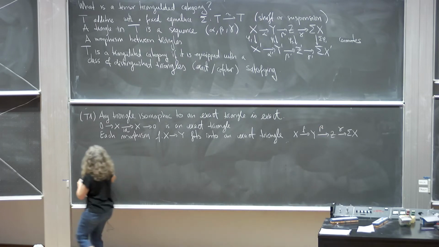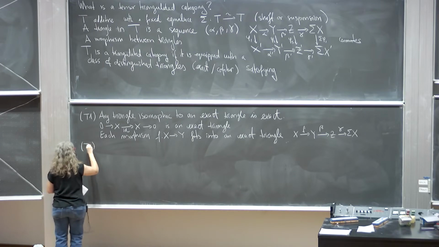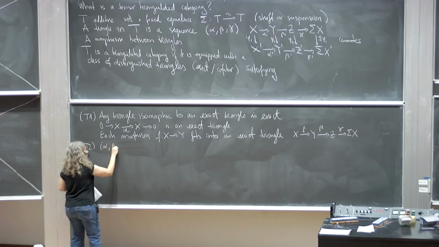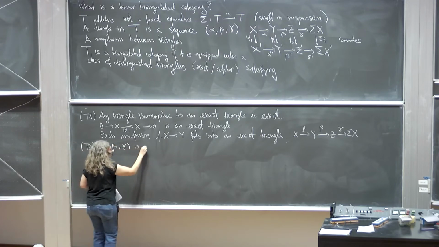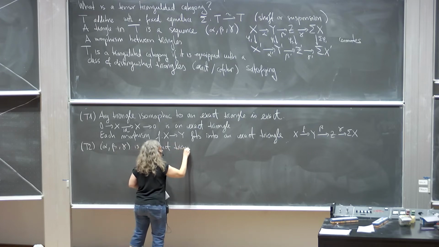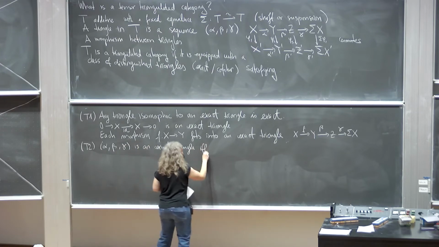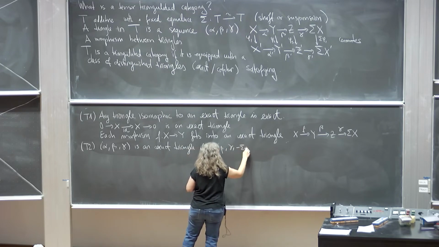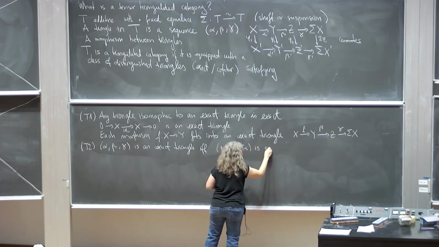That's the first set of conditions that they need to satisfy. Then alpha, beta, gamma is an exact triangle if and only if beta, gamma, minus suspension of alpha is so.